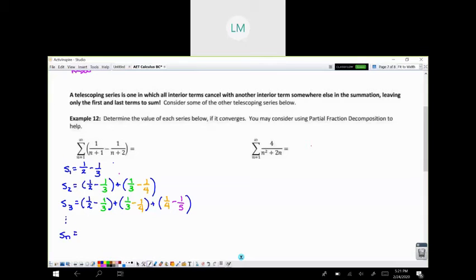Now, with this one, we have to use partial fractions. So we know that this is the sum from n equals 1 to infinity. It's going to be a over n plus b over n plus 2. Using partial fractions, we have 4 is equal to a times n plus 2 plus bn.